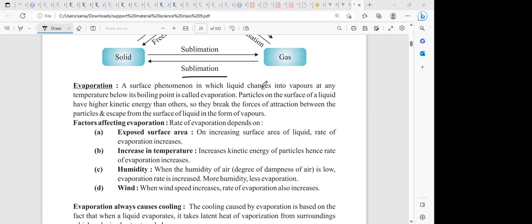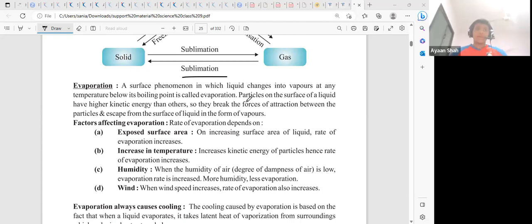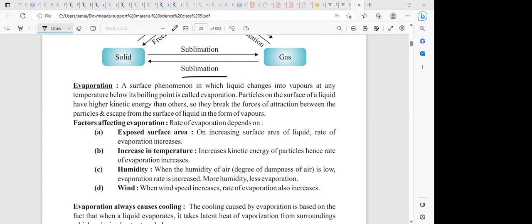The boiling point. Your voice is cracking a lot. What happened? Why is it so? Just a minute.